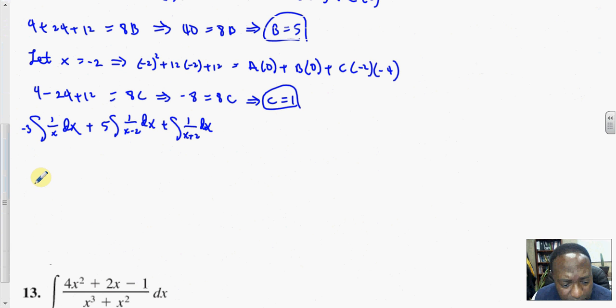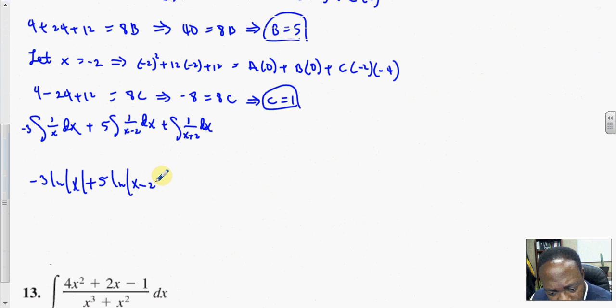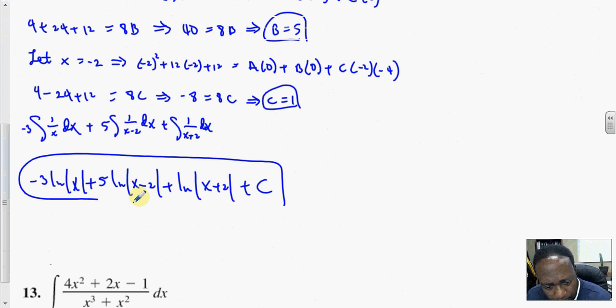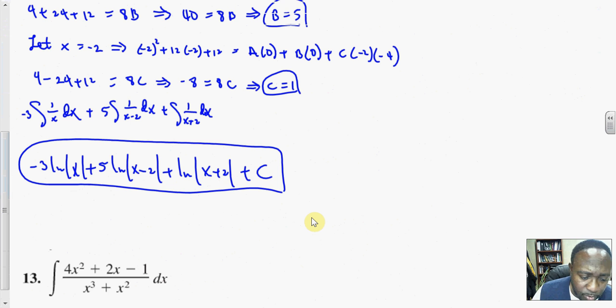So now this is -3 times the natural log of the absolute value of x plus 5 times the natural log of the absolute value of x minus 2 plus the natural log of the absolute value of x plus 2 plus c. And you should be fine with that, with the answer for the online input for your results.